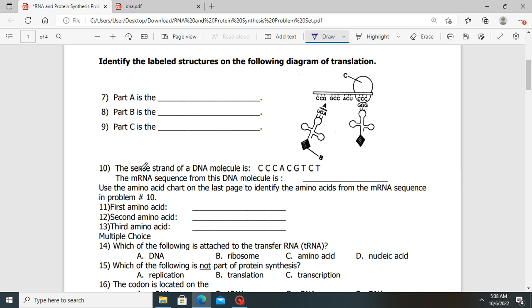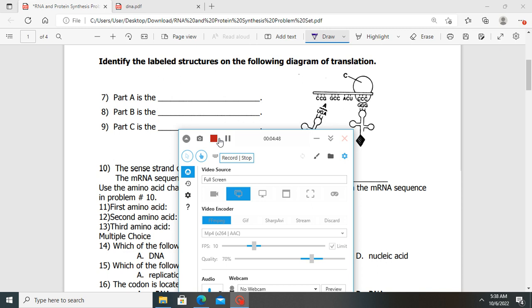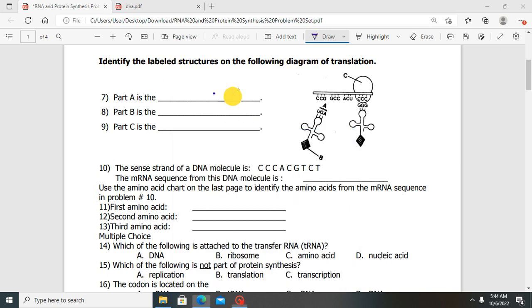Question 8. The sense strand of a DNA molecule is this. The messenger RNA sequence from this strand molecule is.